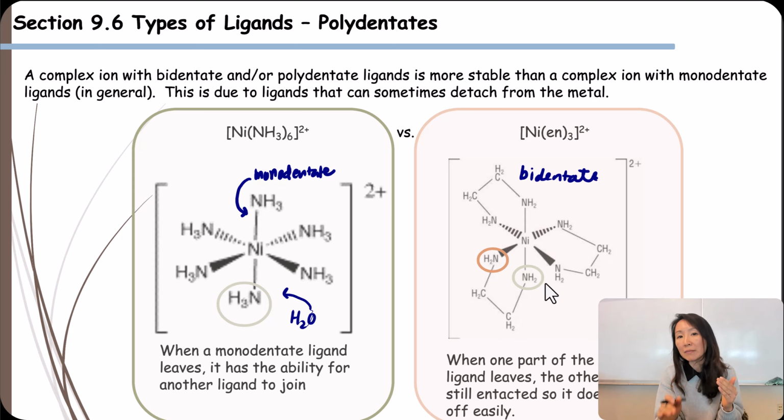So it'll rebind back to nickel. Hence the complex ion with multiple attachments, the polydentate ligands, is going to be the one that has a more stable complex ion versus a complex ion with just monodentate.